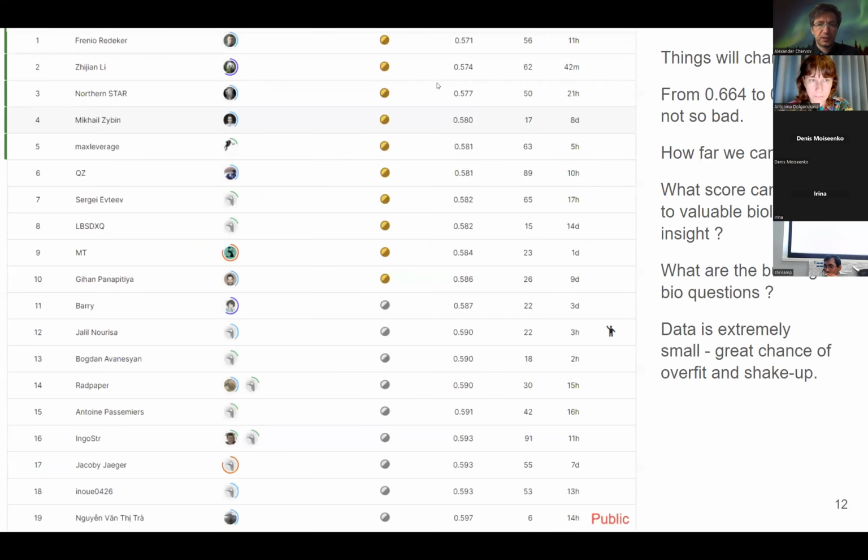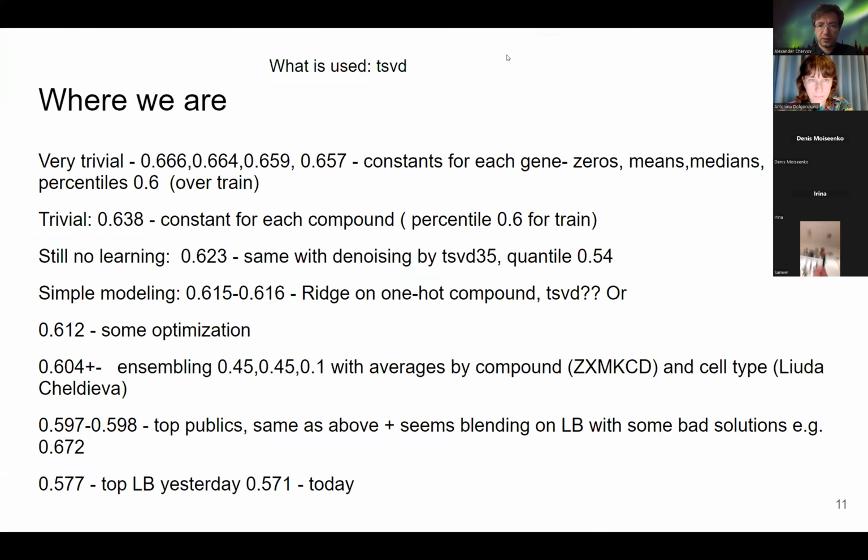Now the top solution is like this. Not so bad, I would say. That means we are predicting something a little bit. Another trivial baseline is to do the same, but to make the average or median different for each compound.